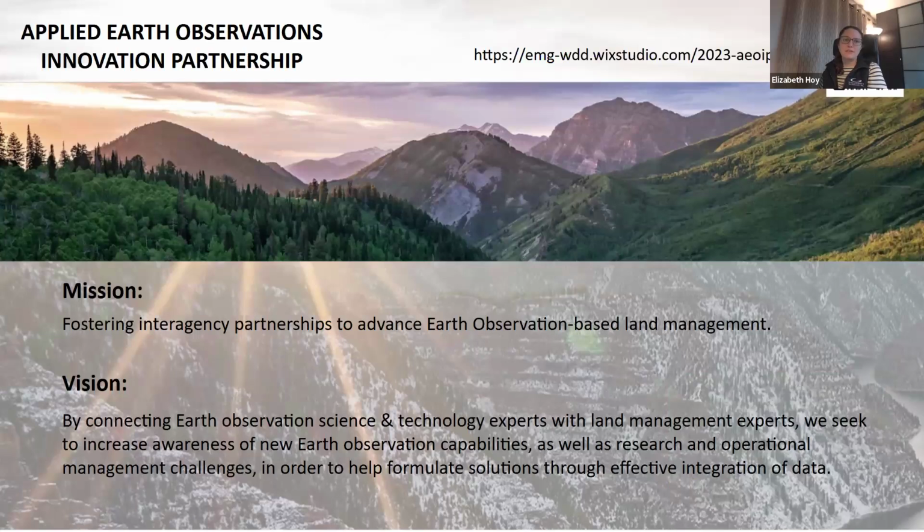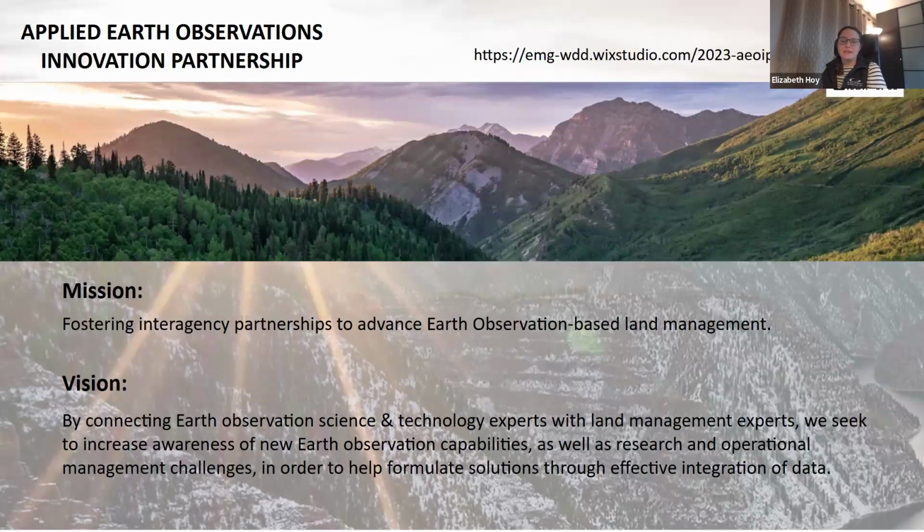At the Applied Earth Observations and Innovation Partnership, AEOIP, we have this kind of static website now. You can get the little QR code there at the top if you want to check it out. It talks a little bit about our history, and Amanda's going to go into that in a minute as well. But our mission is really to foster interagency partnerships to advance Earth observation-based land management.